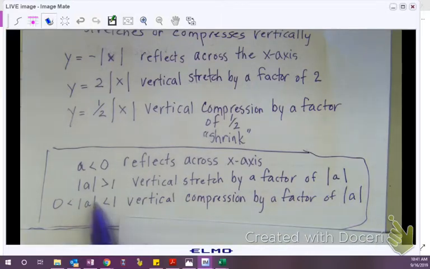And if the value or magnitude of A is between 0 and 1, it is a vertical compression by a factor of that value. Anybody still copying this page? Okay.